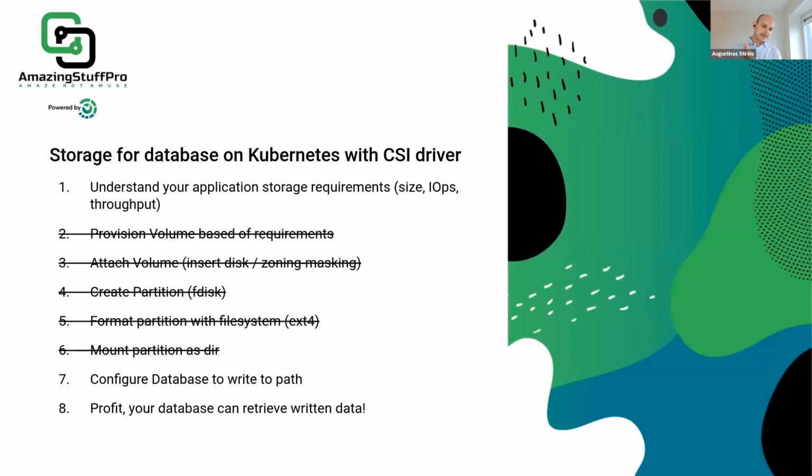So in Kubernetes, the same thing for attaching storage to your database would look like this. First step is the same. You still need to understand your application patterns, how much data you're going to have, how fast you're going to read and write, and what's the network throughput for that.